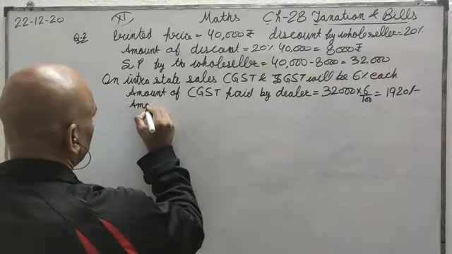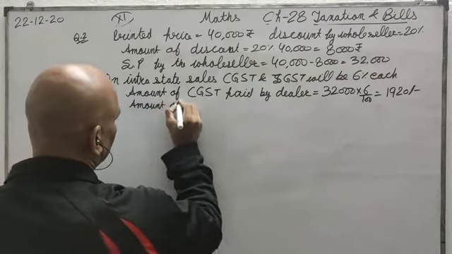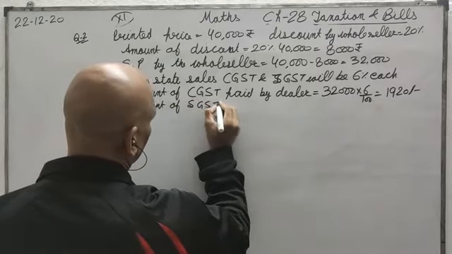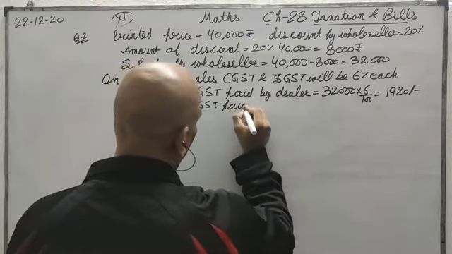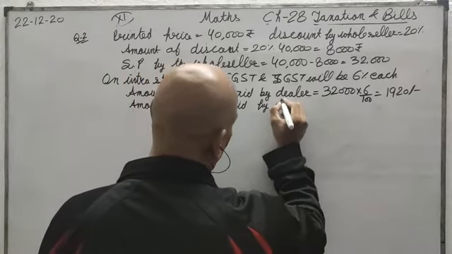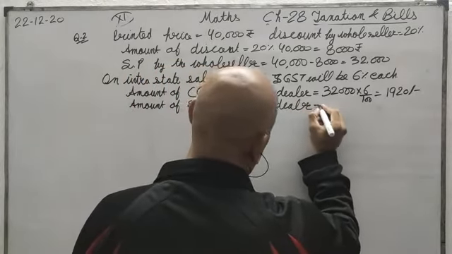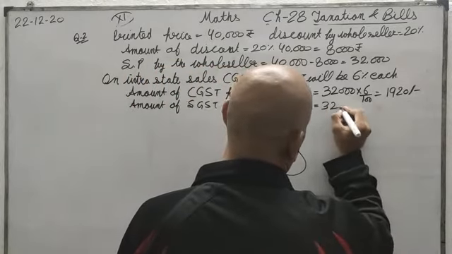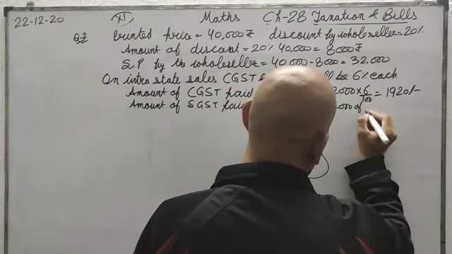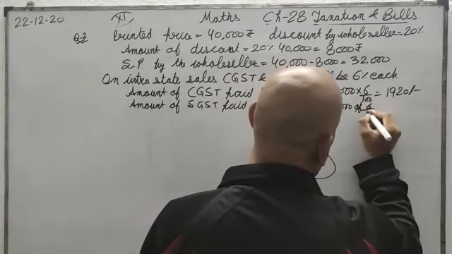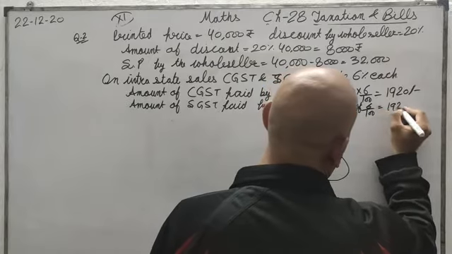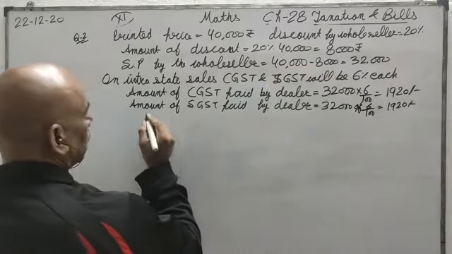Amount of SGST paid by dealer is equals to 32,000 का 6%, that is 1920. ठीक है.